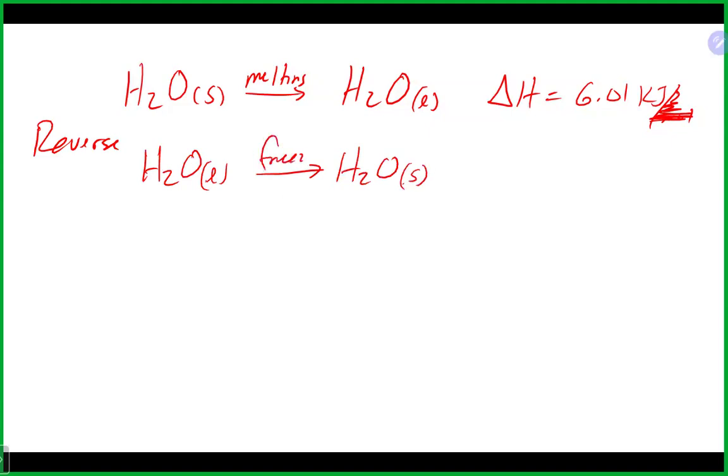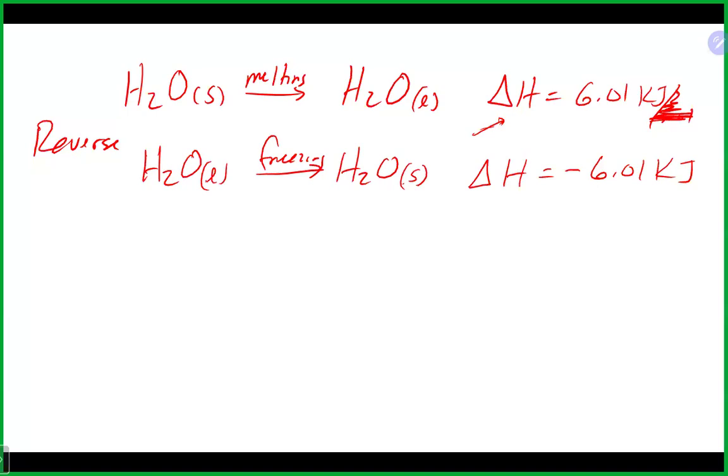Basically, what we did to this reaction is we reversed it, and how that affects the sign of delta H is we change the sign of it. So instead of it being positive 6.01 kilojoules, because we reversed it, it becomes negative.